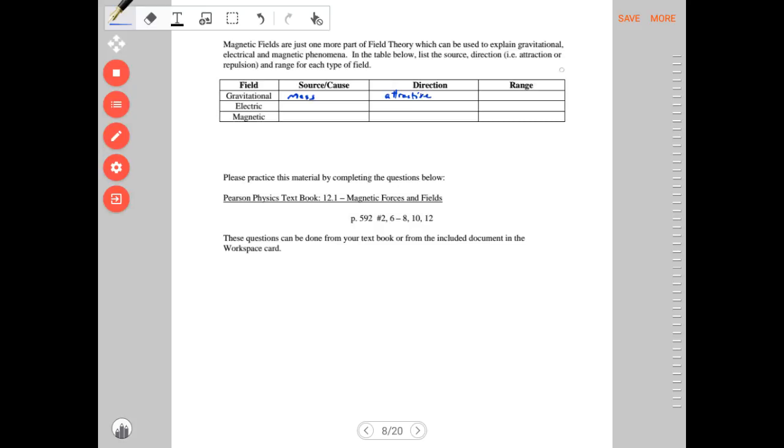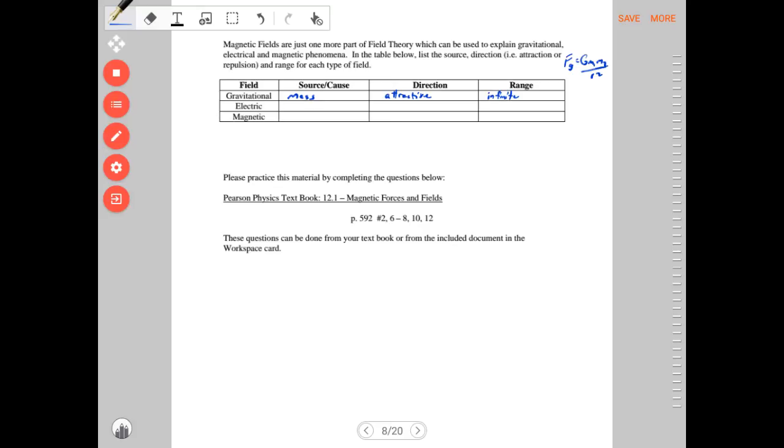Now remember, this is that formula from Physics 20, Fg equals big G m1 m2 over r squared. Now, as r increases, the force gets smaller, but there's no limit to r. So this is infinite. Gravity acts at any distance.